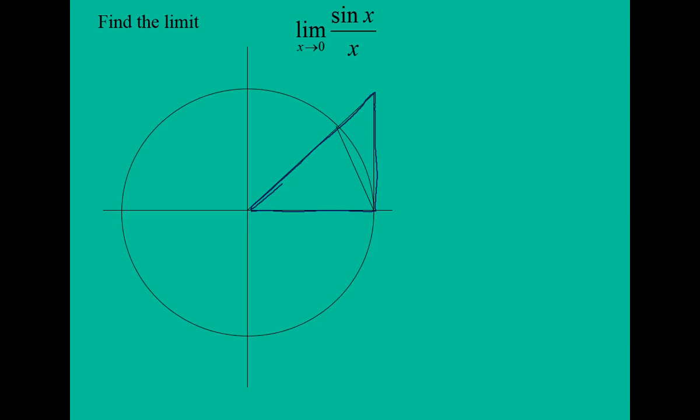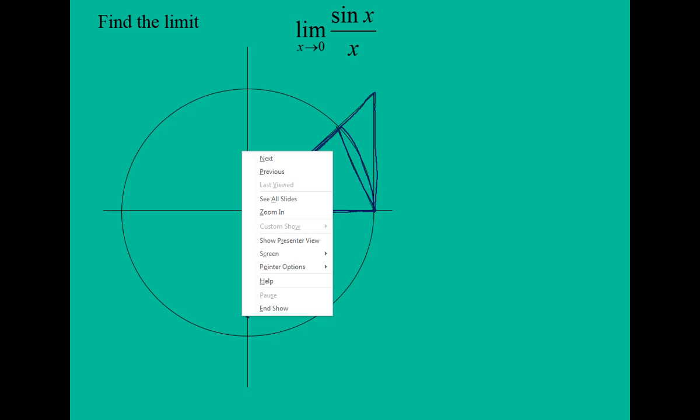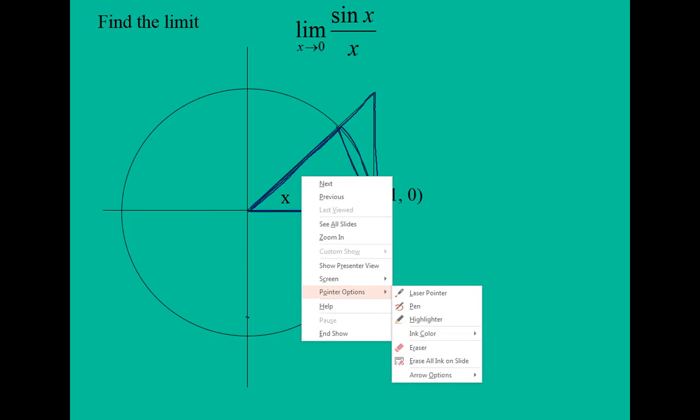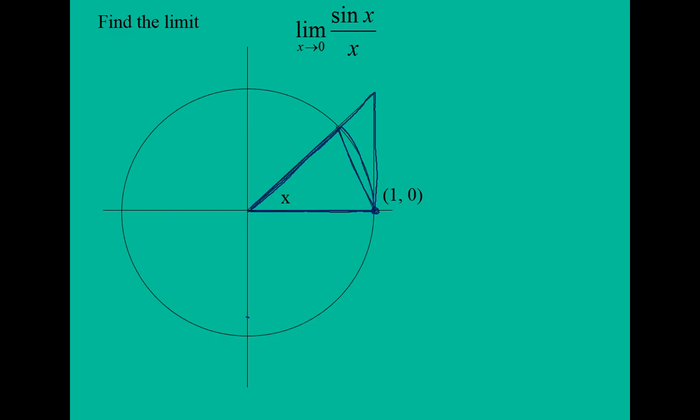We also have the sector of a circle here. And then we have this smaller triangle right here. We're going to use those 3 figures. Here's the angle we're working with, x. We're working with a unit circle, so this point would be right here, 1, 0.